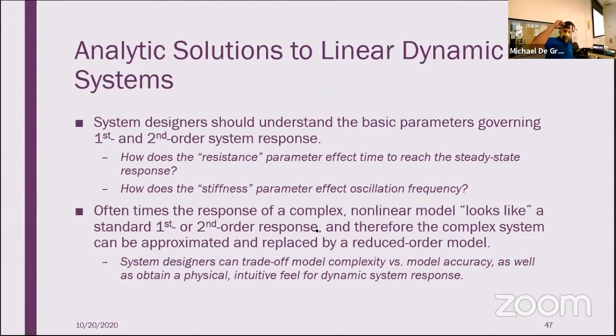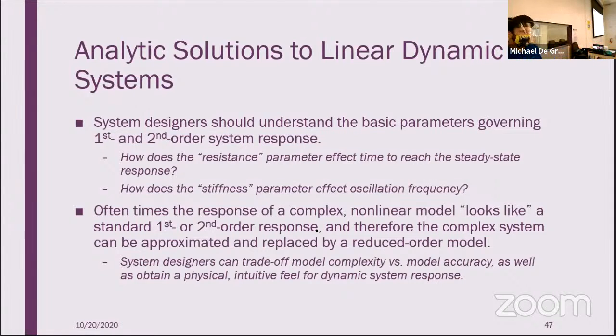Oftentimes, the response for a complex system that's at higher order, like third or higher, can be broken down into first or second order response, or a series of first and second order responses. Turns out that a third order system is really just a combination of a second and a first order system when it comes to response.